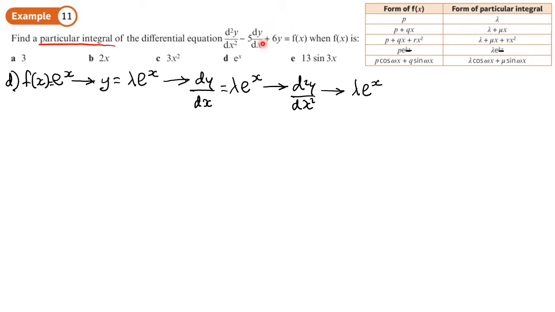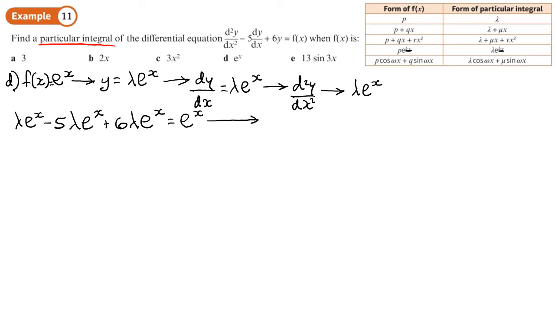Right, so now substitute it into here. So the second derivative, which is this, minus 5 times the first derivative, which is basically the same thing, plus 6 times y, which is exactly the same thing, equals f of x, which is e to the x.